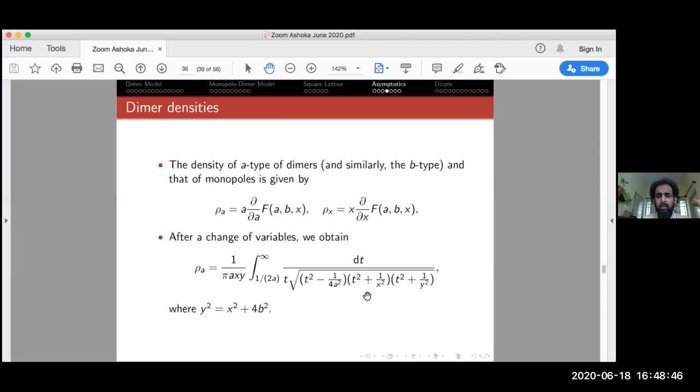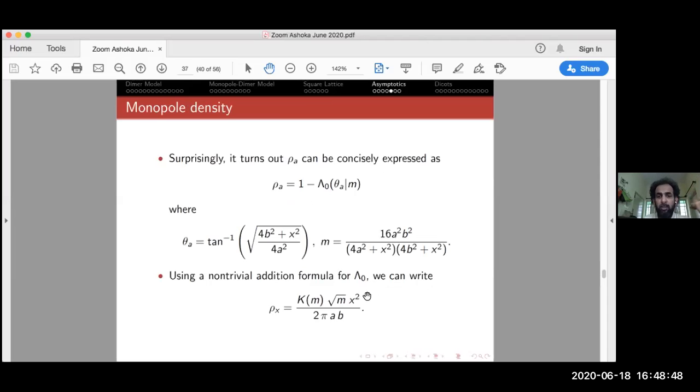And this turns out to be exactly 1 minus this Heumann lambda function with these parameters, theta sub a and this parameter. So theta sub a is given by tan inverse of this complicated thing, and m is also given in terms of a, b, and x. So it's exactly 1 minus that quantity.